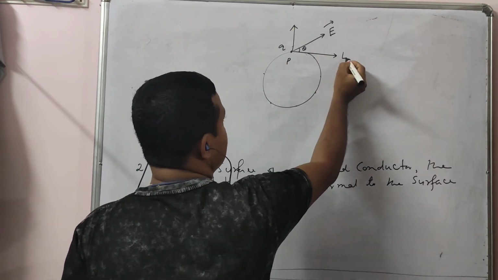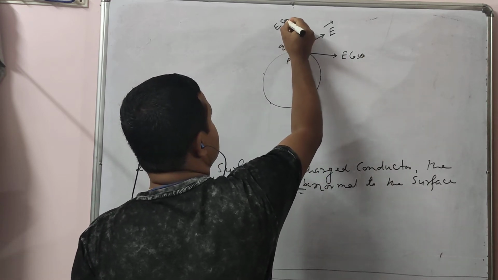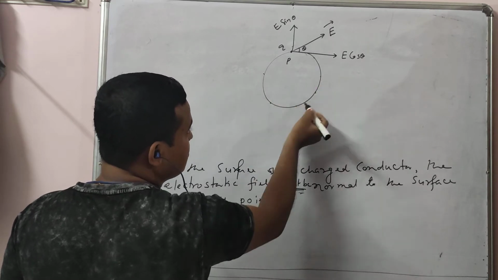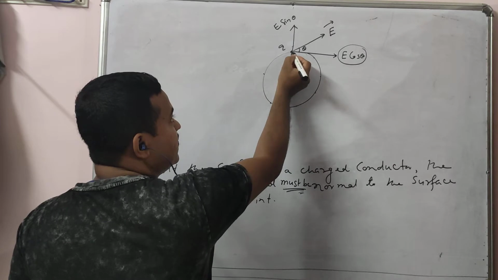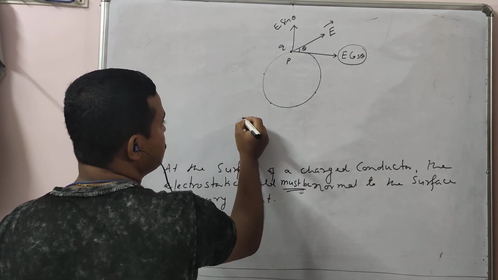This component will be E cos theta and this will be E sin theta. That means along the surface there is a component of electric field. So on this charge there will be a force.